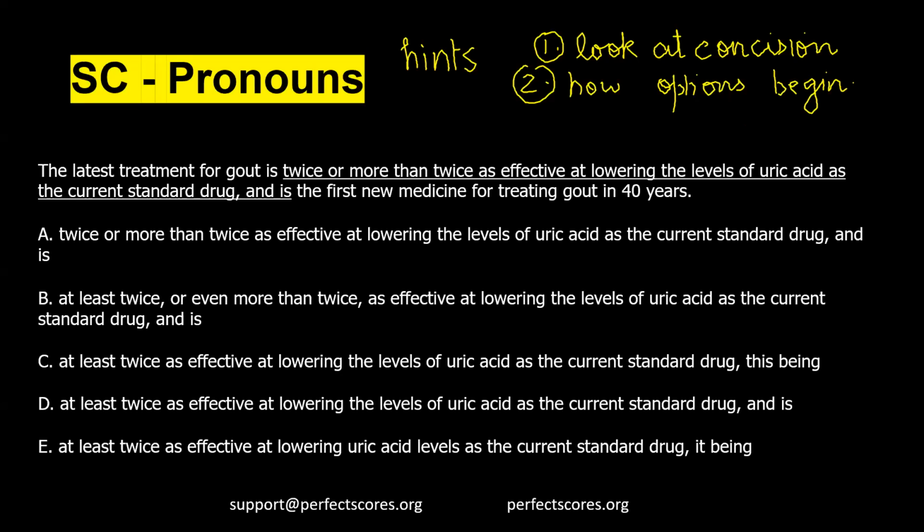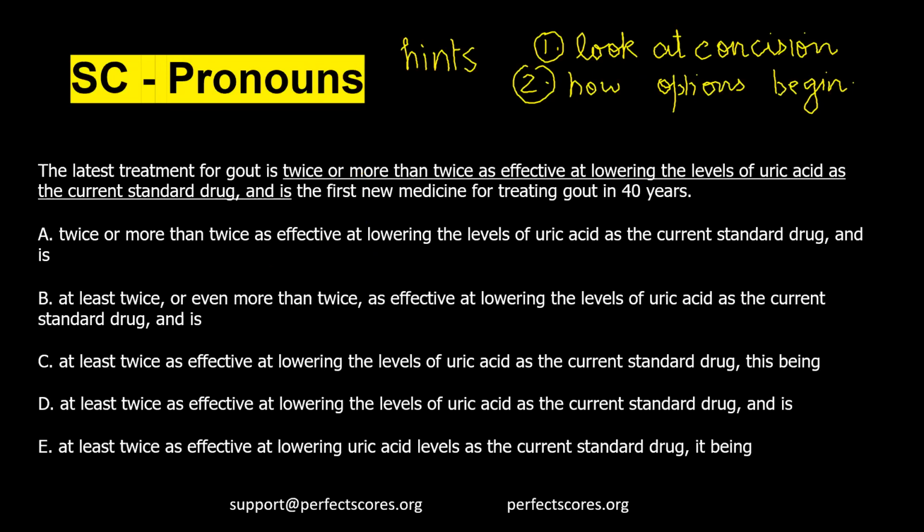Okay, so what are your answers? D. D? Did you say D? Yeah. Okay. Anyone else has a different answer? So D. All right, so let's look at the first hint that I gave here. Look at the concision.